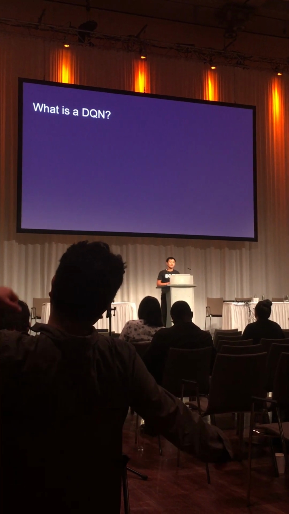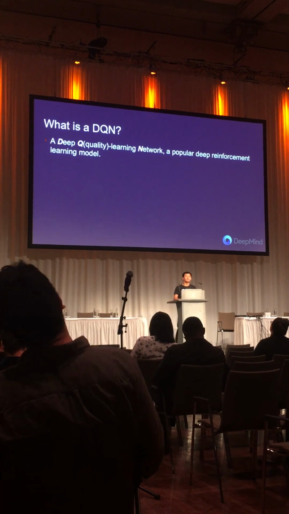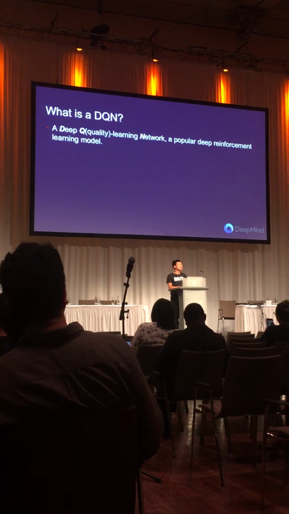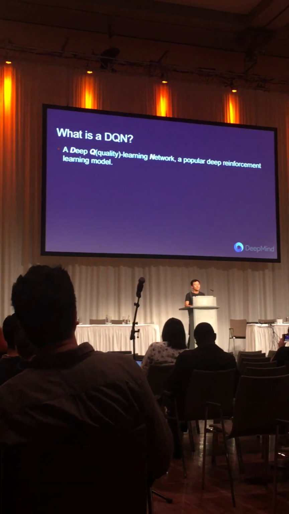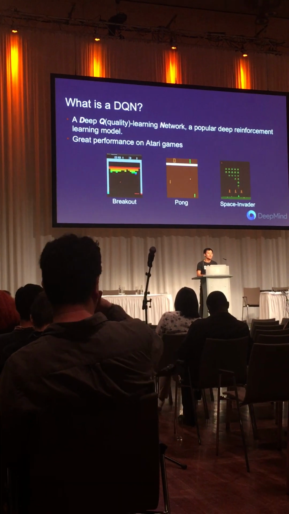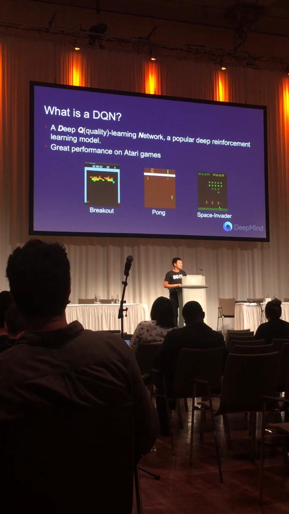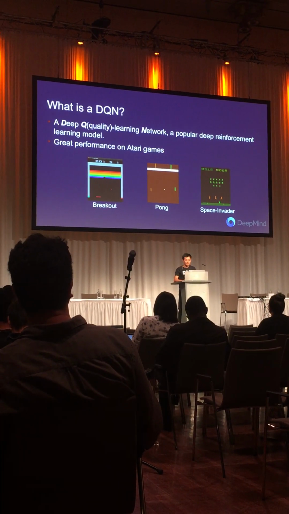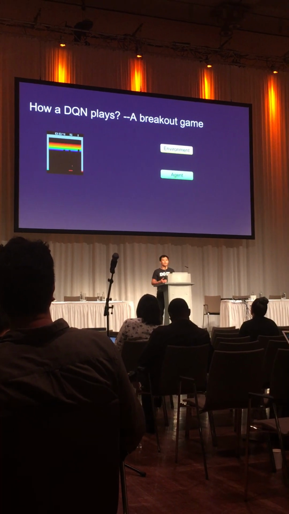So then, what is the DQN? The DQN is a popular deep reinforcement learning model proposed by DeepMind, and it shows great performance over a lot of Atari games, as I show here on the screen. You may be wondering now how a DQN plays a game.